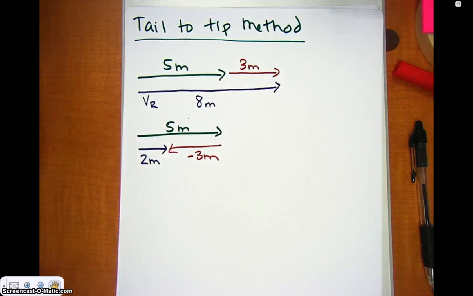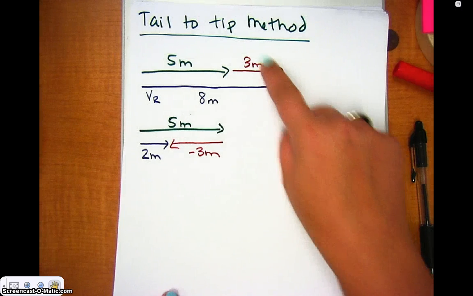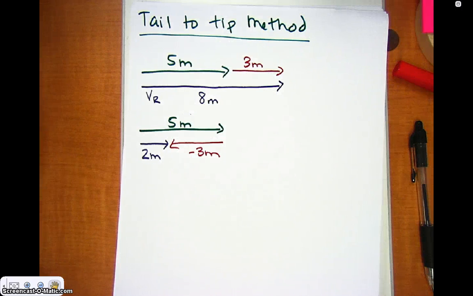Now, another thing that I want you to keep in mind about the tail-to-tip method is it doesn't matter what order you place the vectors. You can place them in any order, and we will still get the same resultant. You can also pick vectors up and move them around in space. As long as you don't change their size or direction, we'll always get the same resultant vector.